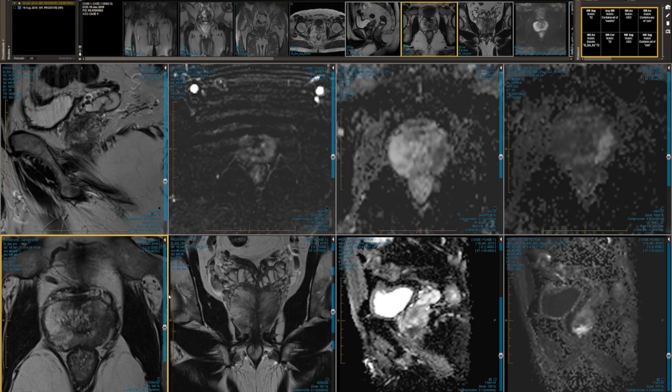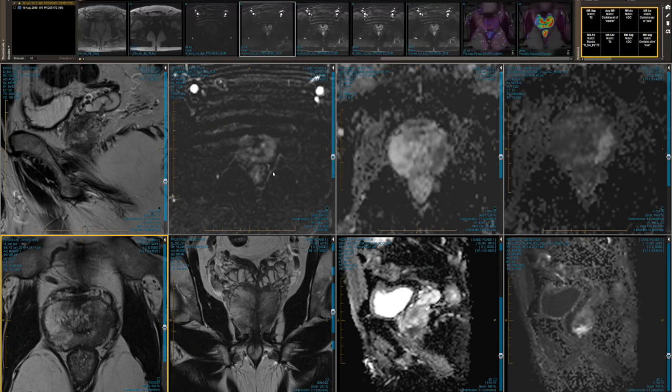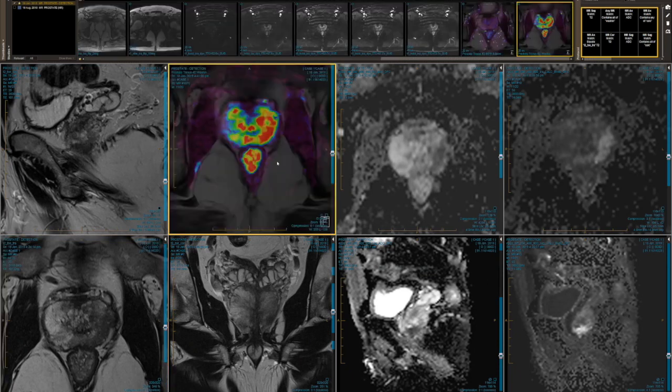So if there was a time issue, I would prefer them to repeat one of the really gold sequences, like the T2, if there was patient movement or an issue with it, rather than having to plow through many more. So I think it's variable, and you're lucky you've got lots of time. Although we've got lots of MR scanners, we've got lots of other people who want to use them as well.